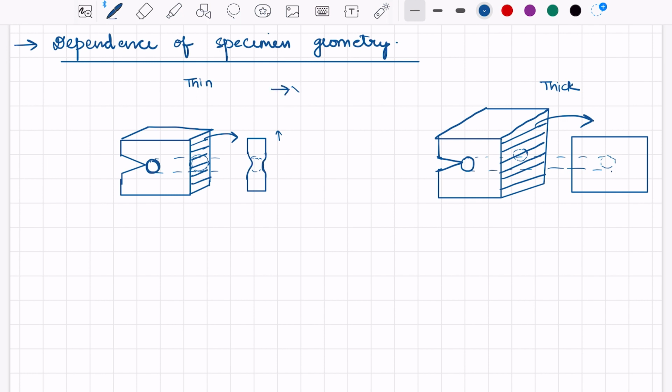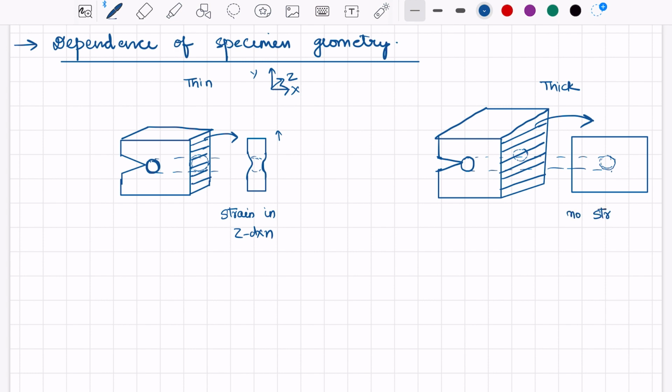If this is the x-axis, this is the y-axis, this is the z-axis, in this case there is strain in z direction. However, because the plastic zone is only at the center in the thick plate, there will be no strain in z direction.